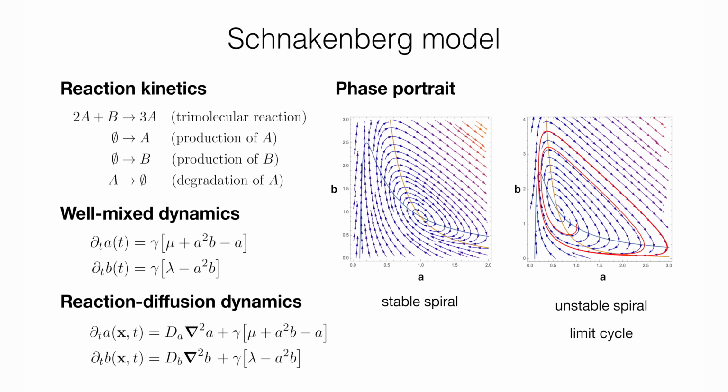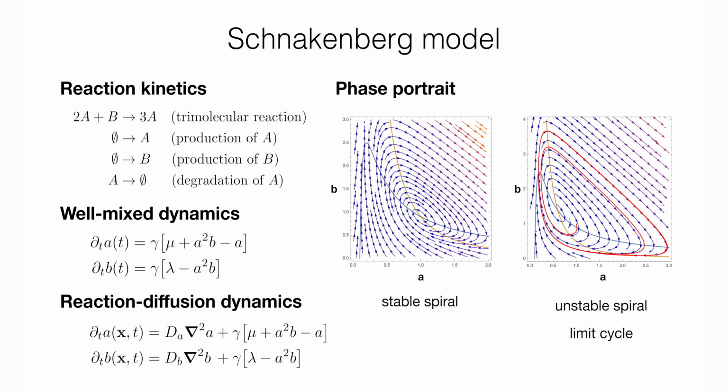Better to say the basic inverse time scale because that's a rate. So the time scale is gamma to the -1. Then mu and lambda, those are the processes where you produce A and produce B with relative rates mu and lambda.